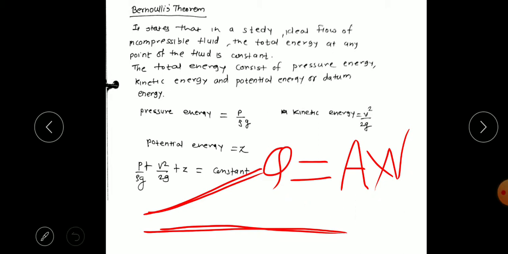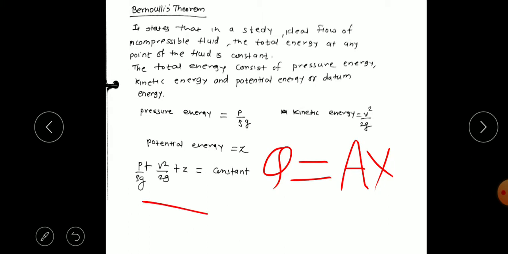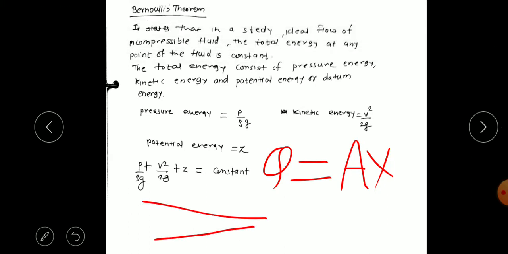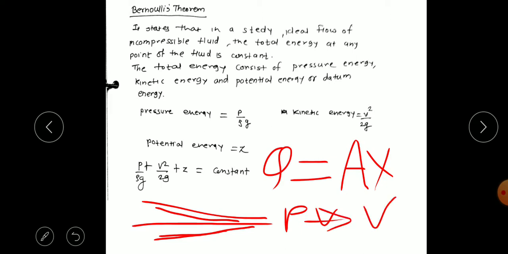And the reverse of that, if the diameter goes on decreasing along the flow, pressure is converted into velocity.